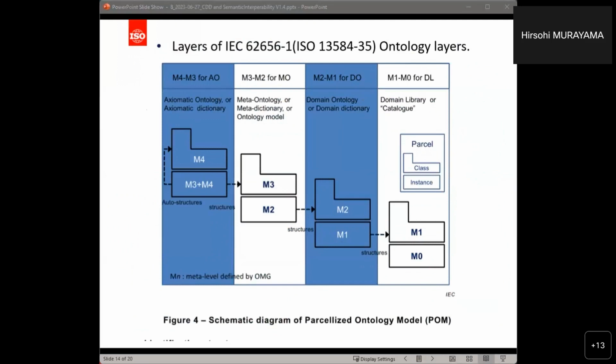What we can handle in the data model is not just the ontology at the level of domain ontology or domain dictionaries.